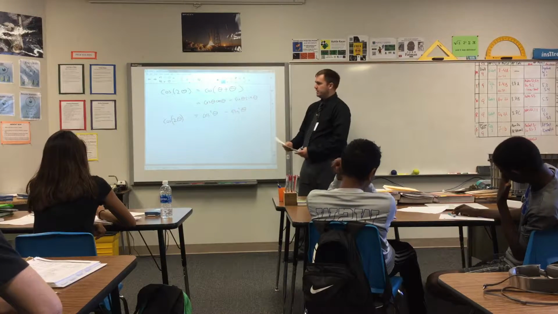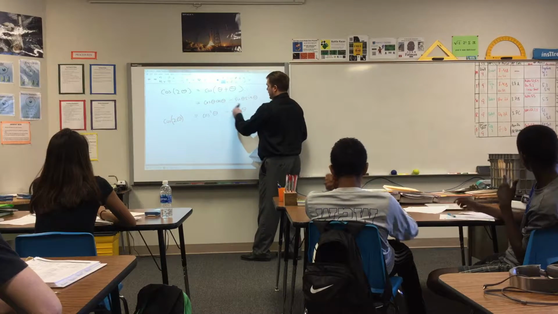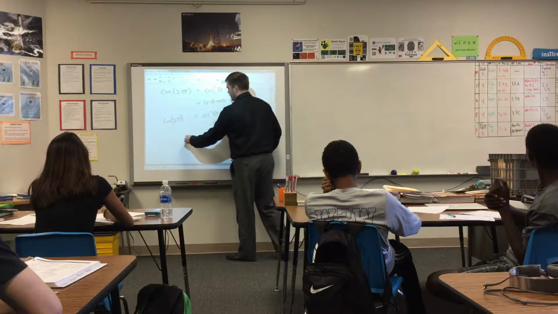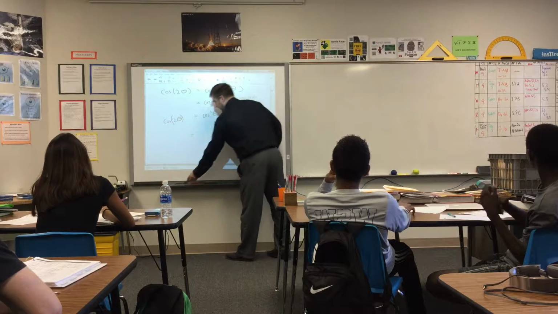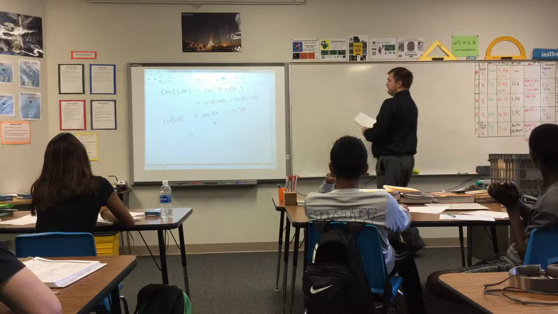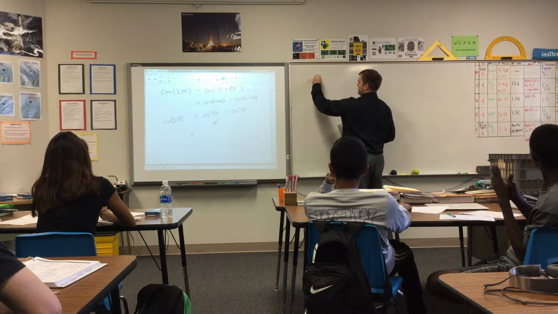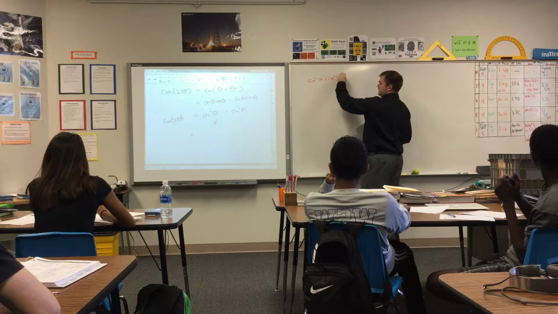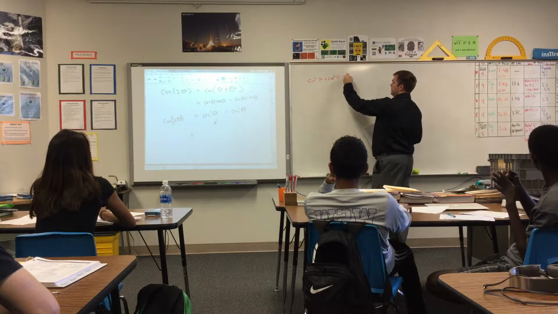Thing is, there are actually other versions of this. Okay? We can manipulate it slightly. And remember that Pythagorean identity? I'll put it over here on this other board. The Pythagorean identity was sine squared theta plus cosine squared theta equals what? Equals 1.